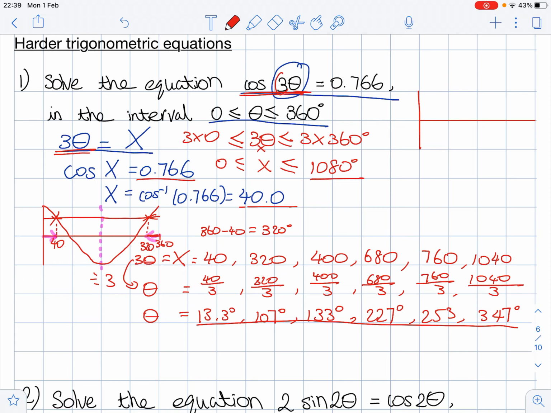The 3 inside the bracket means we have stretched the curve by a scale factor of 1/3 in the x direction. So let's have a look.